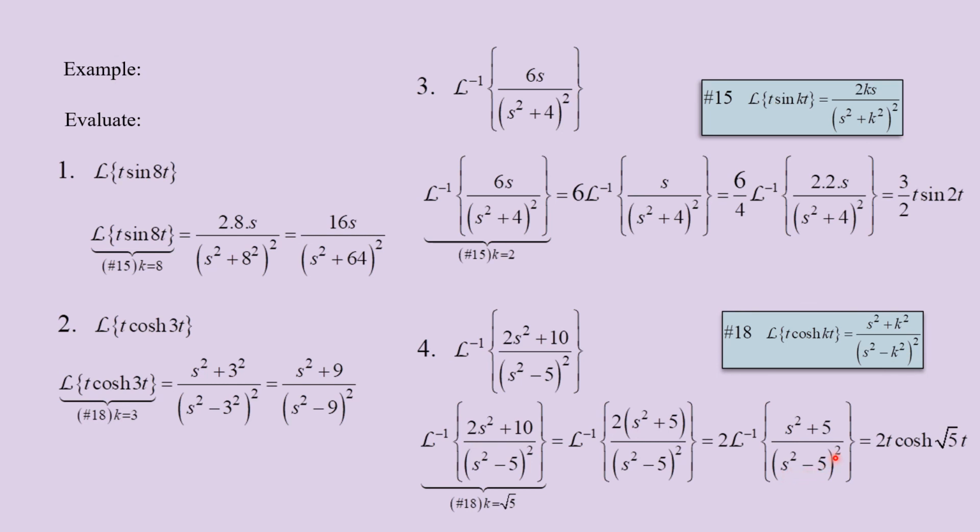Okay, so the inverse Laplace transform of this function using formula number 18 is t cos square root of 5t, since k is square root of 5, and multiply by 2. So the inverse Laplace transform of 2s squared plus 10 divided by s squared minus 5 everything squared is equal to 2t cos square root of 5t.